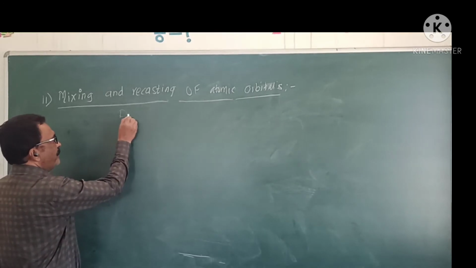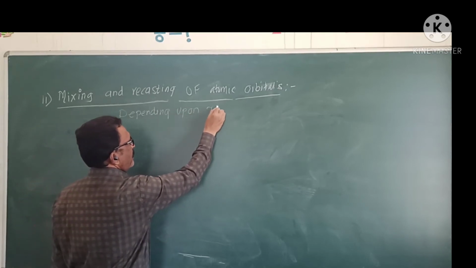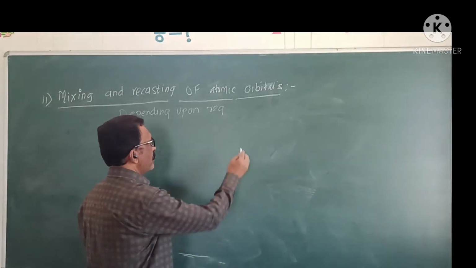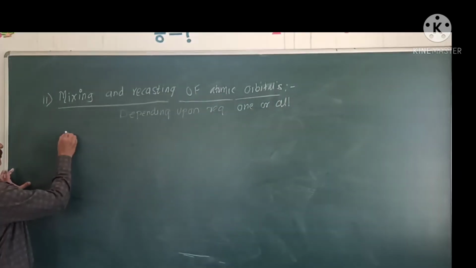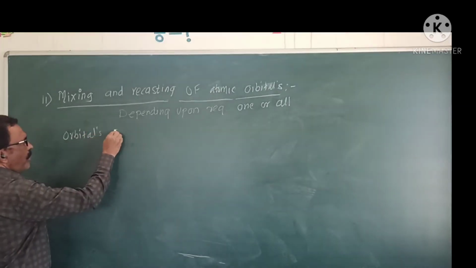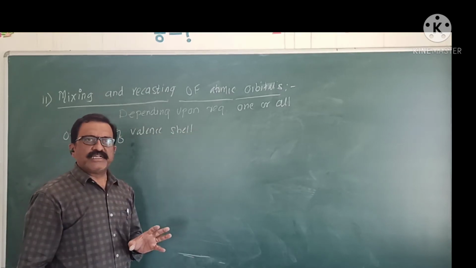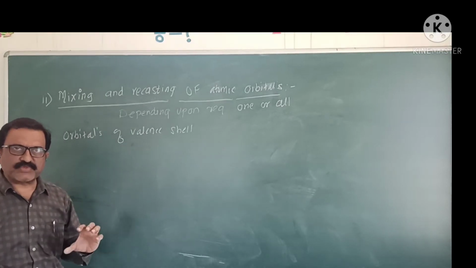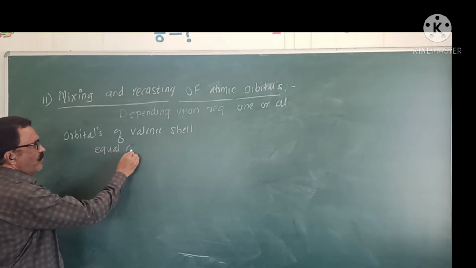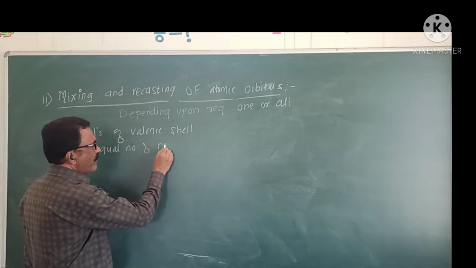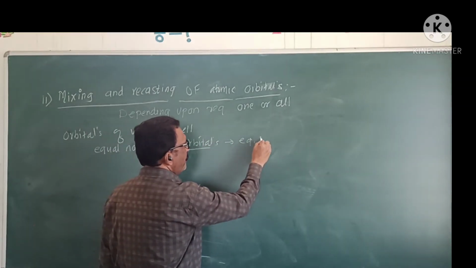Here, depending upon the requirement, one or all orbitals of the valence state of the same atom mix together to form an equal number of new orbitals having nearly equivalent energy.